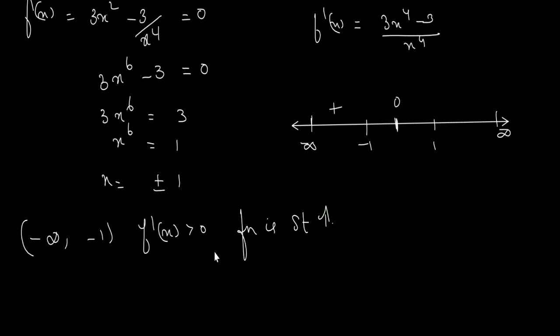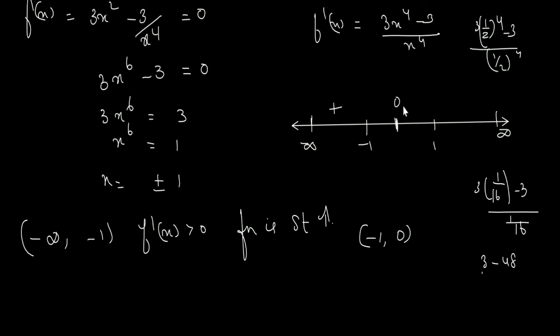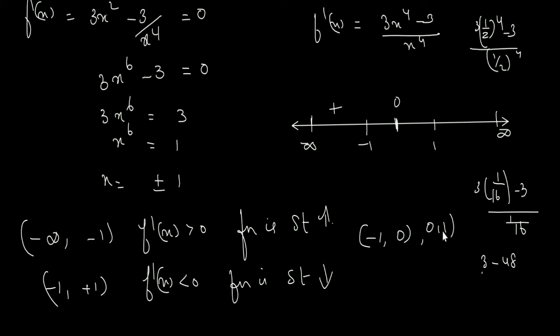Then minus 1 to 1, don't take 0 since it is not defined. In minus 1 to 1, f dash of x is less than 0 and the function is strictly decreasing. Minus 1 to 0 and 0 to 1 are the same.